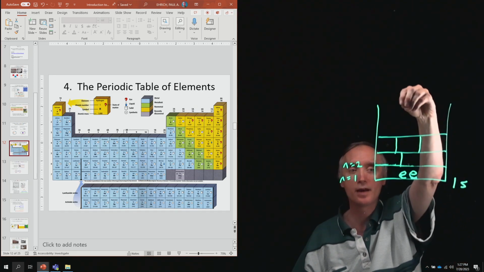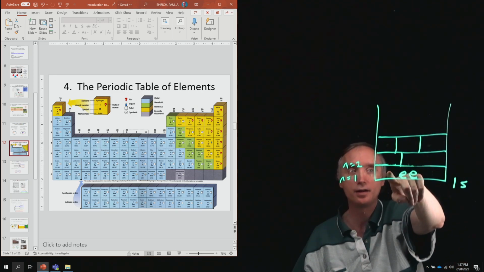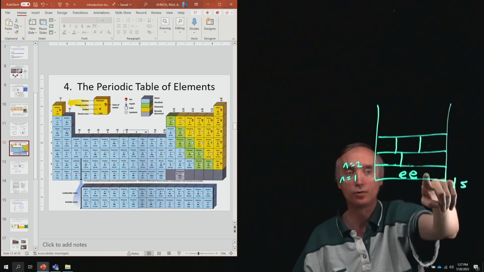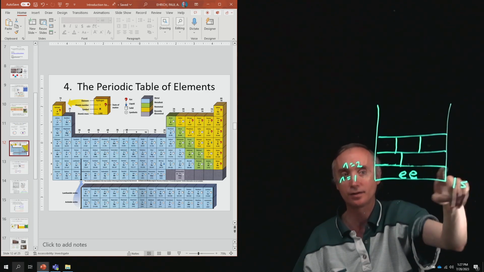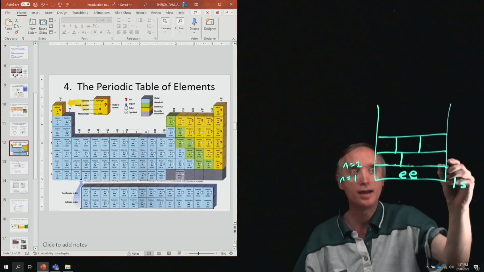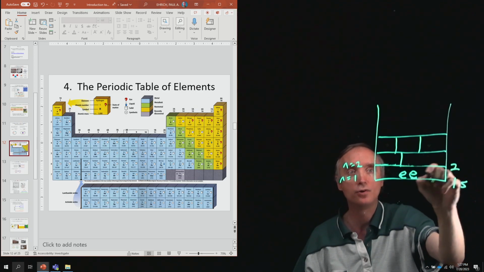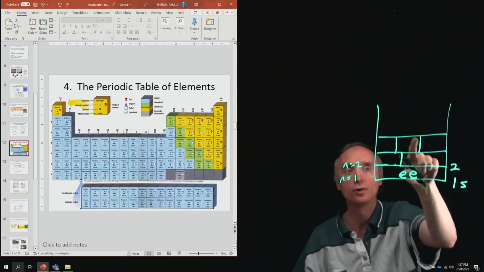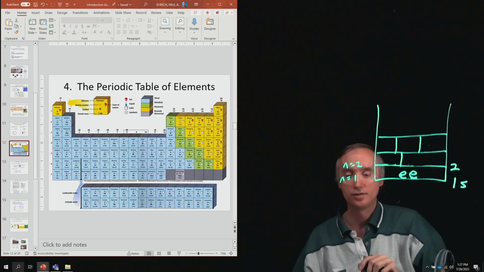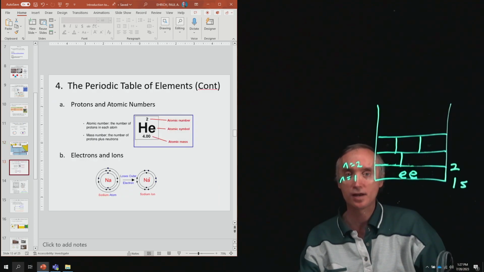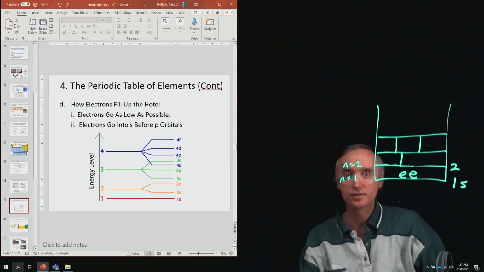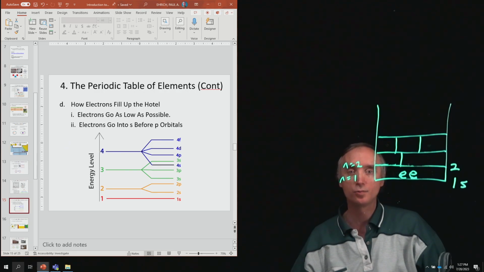So if we drop that third electron, it cannot go onto the first floor, so it's got to go onto the second floor. And now it's got its choice. It could go into the S or it could go into the P. So now we need to use our second rule. So the second rule is electrons would rather go into an S subshell before they go into the P subshell.